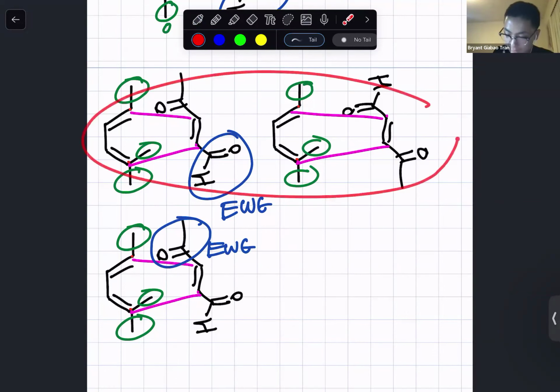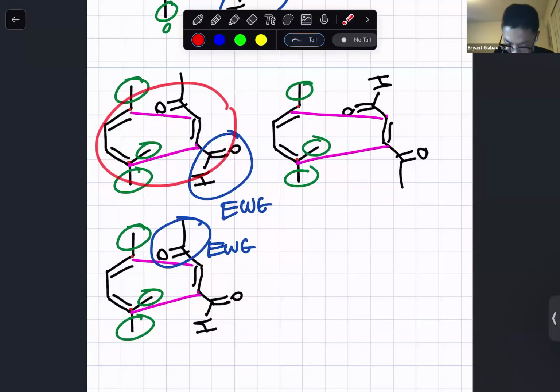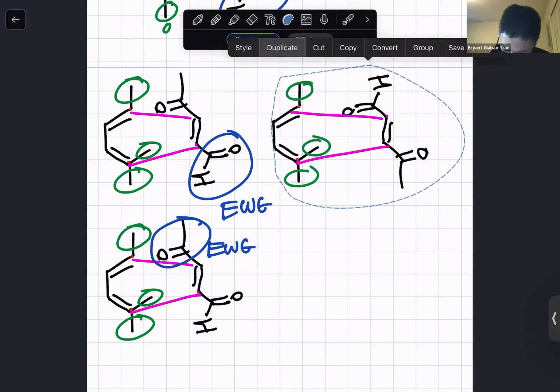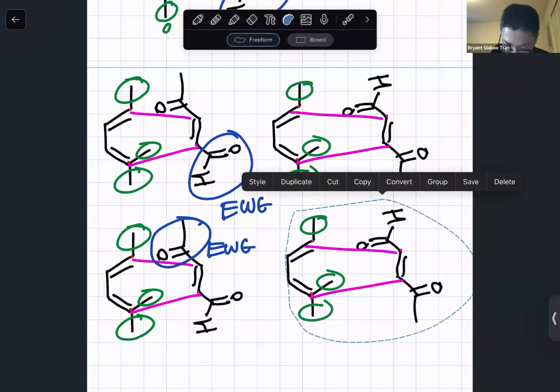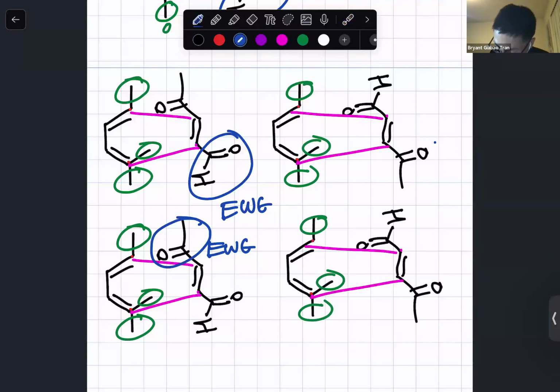It's the same exact orientation, right? For this set here, it's the same exact orientation, but the stereochemistry is different, right? Because you're treating a different EWG. So it's the same thing as this set over here. Let's keep that same orientation, but you could treat this as your EWG for this set, or you could treat that as your EWG for that set.